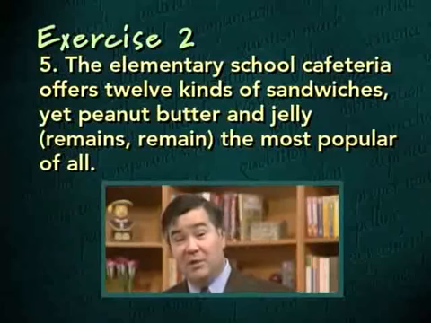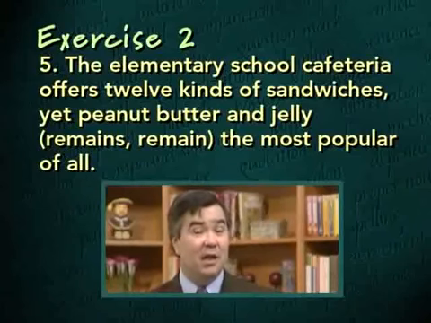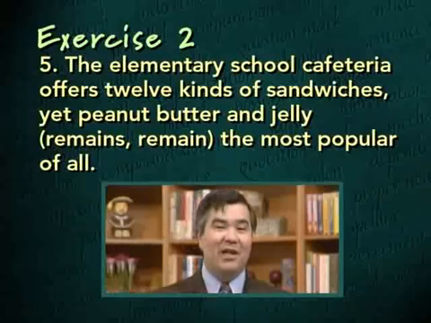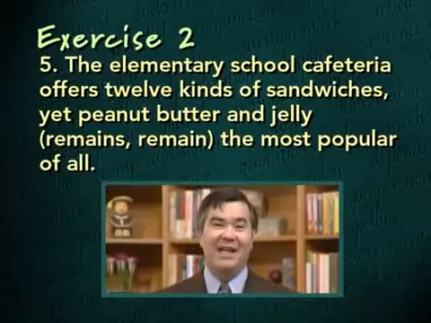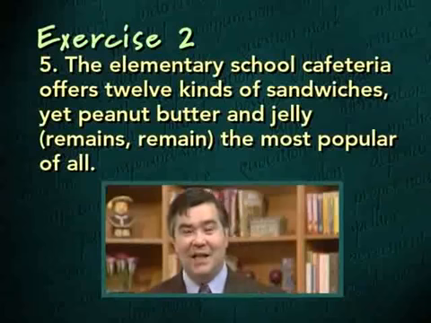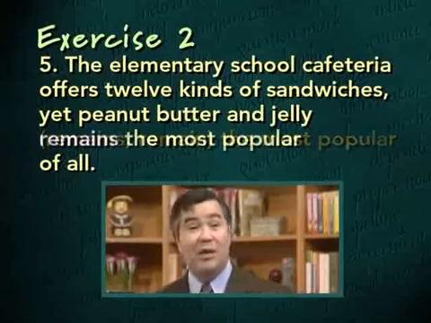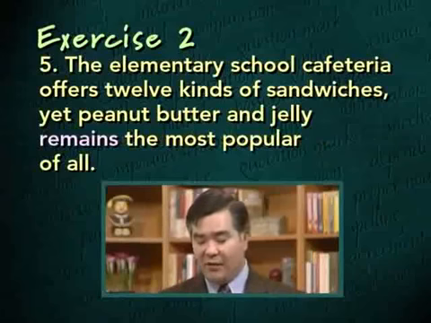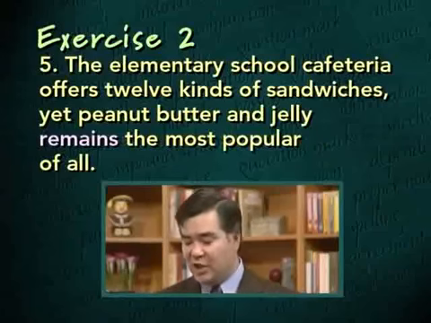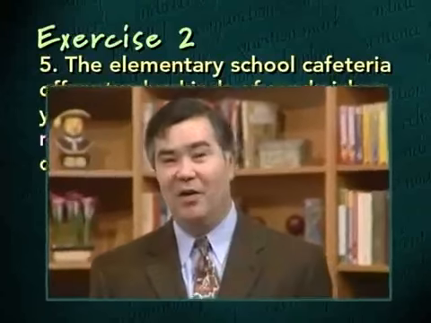So what's being described here is really one sandwich, and therefore the compound subject, peanut butter and jelly, should really be treated as singular, because peanut butter and jelly is actually one thing for the purposes of this sentence. So in this somewhat tricky example, the singular verb remains would be correct, and the sentence should read, the elementary school cafeteria offers 12 kinds of sandwiches, yet peanut butter and jelly remains the most popular of all.